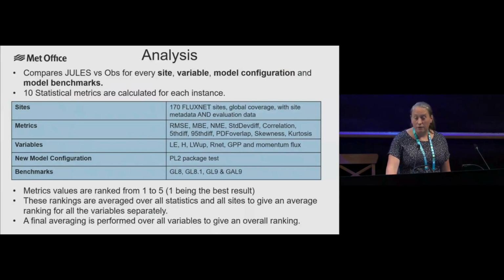These rankings are then averaged over all statistics at all sites to give an average ranking for all the variables separately. And then we've done a final averaging of all the variables to give an overall ranking. This allows us to have a single plot that we can compare with a single dot, so we can see exactly what our new model configuration is doing in the range of benchmarks that we've got.